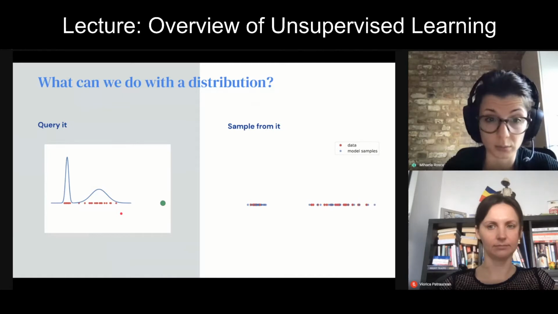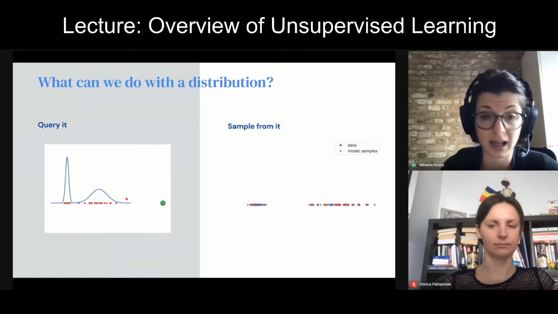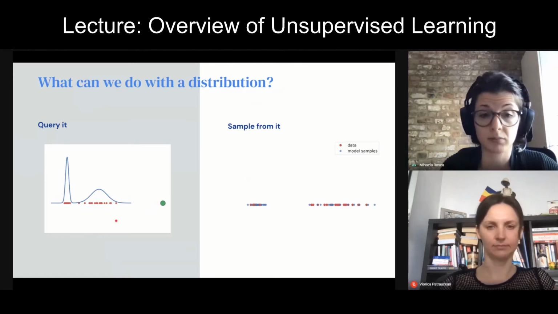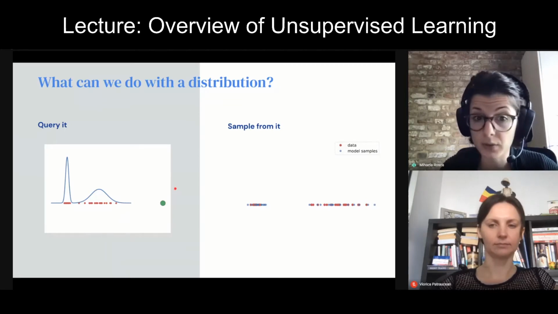And the answer is no. I haven't seen any data here, and I can query this probability distribution and ask it for the likelihood that this data comes from the same distribution. And it's going to tell me, no, I have no mass here. So this can be very useful for a lot of things, including outlier detection, and we're going to see some examples of this, for example, in reinforcement learning as well.